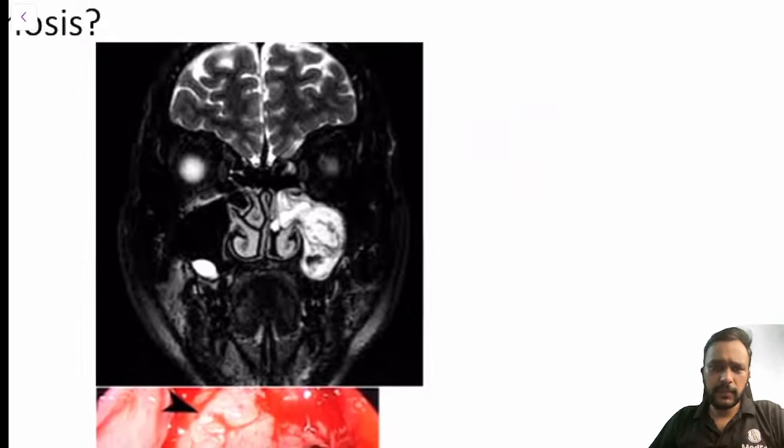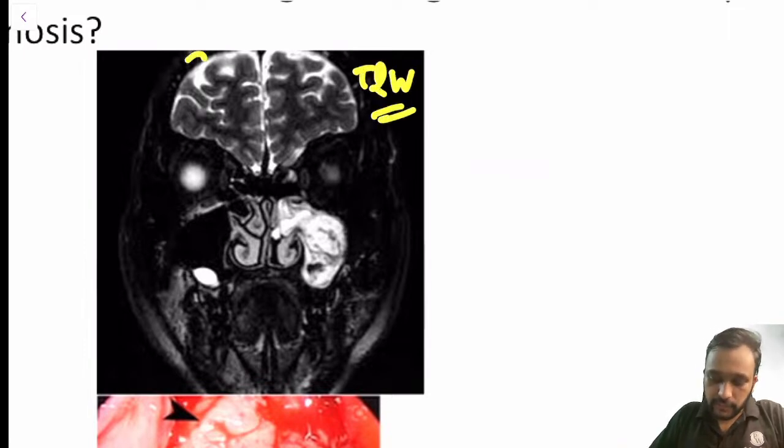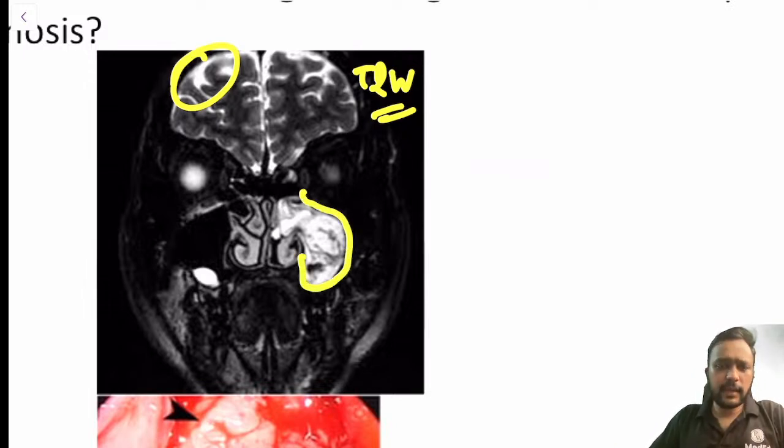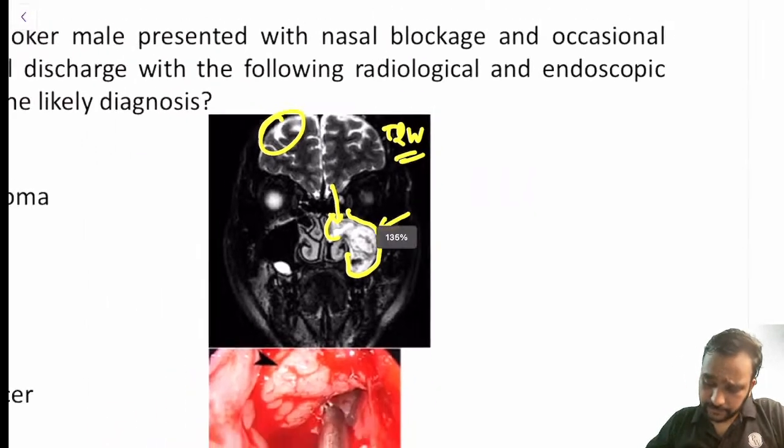So guys, what are we able to see in this image? This is a T2 weighted image. Why is this a T2 weighted image? Because we can see that the CSF is appearing bright. There are hyperintense contents in the left maxillary sinus as well as the nasal cavity, right?